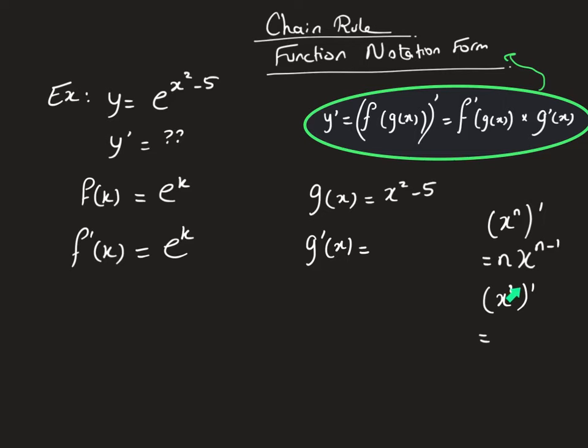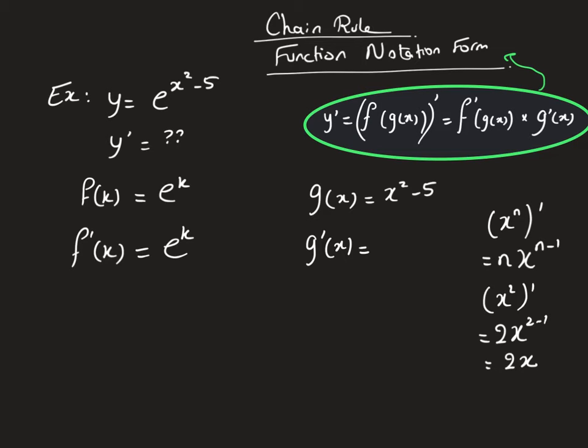Here n equals 2, so it will be 2 times x power 2 minus 1, which is 2x.